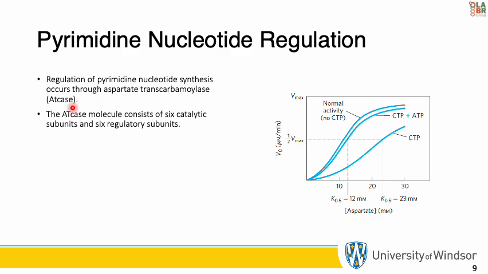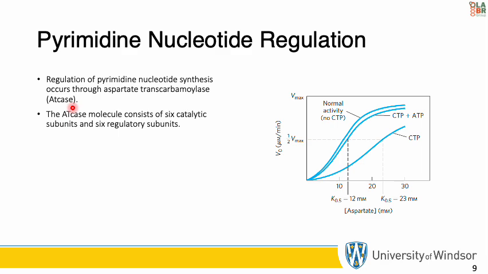The bacterial ATCase molecule consists of 6 catalytic subunits and 6 regulatory subunits, which we'll see a little bit later. It won't be too important to look at the structure. What's more important here is understanding how this gets regulated. The catalytic subunits bind the substrate molecules, and the allosteric subunits bind the allosteric inhibitor, which is CTP.